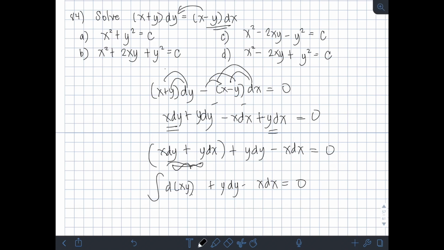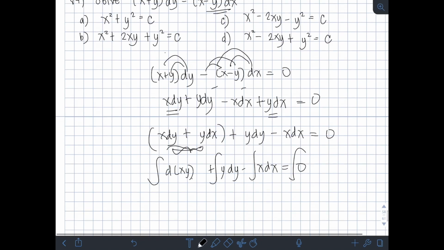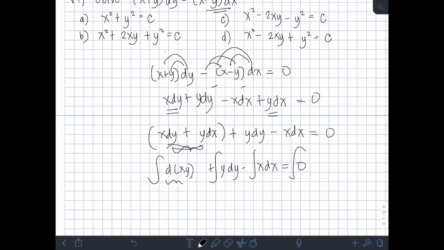We can integrate both sides. So, on the left, we integrate term by term, and on the right, we integrate 0. So, this, we can integrate as what? Whatever is inside its differential, which is xy, when you integrate that, it is like we have a 1 here, right? Therefore, our answer is the very thing inside the differential, xy. Like dx, the integral of dx is whatever our variable is here, that is also the answer. But this time, because xy is our variable in this differential, it is itself the integral.